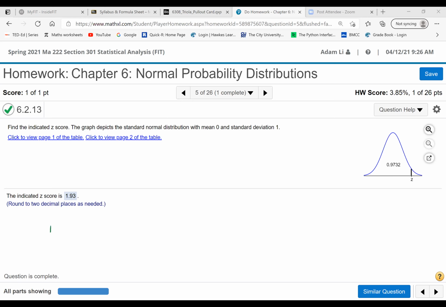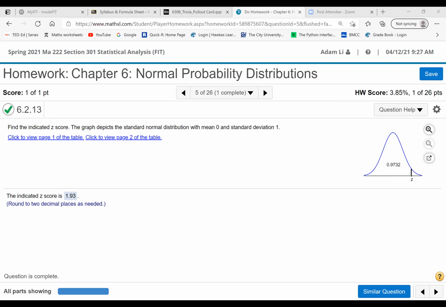Find the percentage of adults with an IQ score below 85, let's say. So this is one of the typical questions.